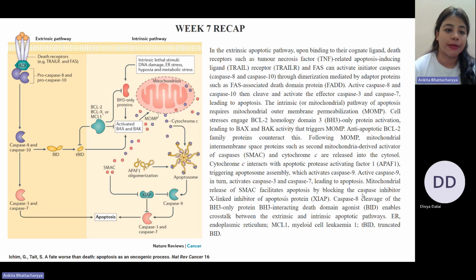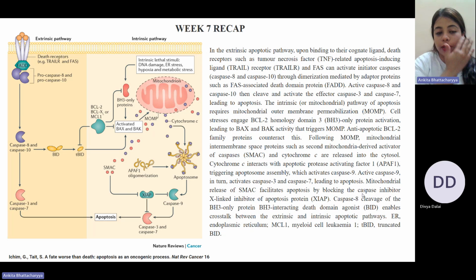We have procaspase 8 and procaspase 10, and this pro basically means that there is an additional domain which maintains that caspase in an inactive manner within the cell under normal physiological conditions, to maintain homeostasis. Only when there are death signals triggering the entire process of apoptosis will the procaspase be activated.